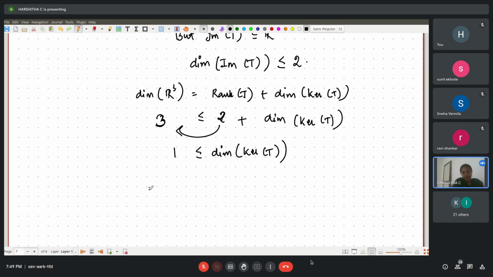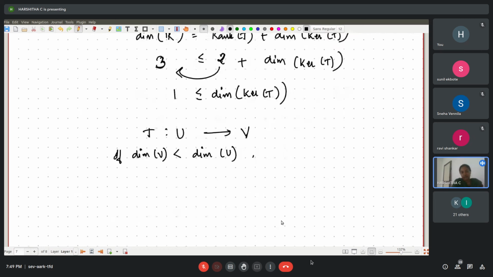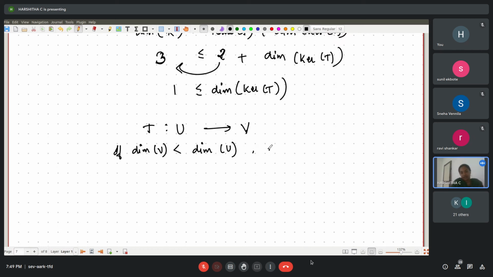If you have a linear transformation from a vector space U to V, and if dimension of V is less than dimension of U, then T will always have a non-trivial kernel. That is, dimension of kernel of T will always be at least 1, or the kernel cannot be just the singleton 0, or the map cannot be a one-to-one map.